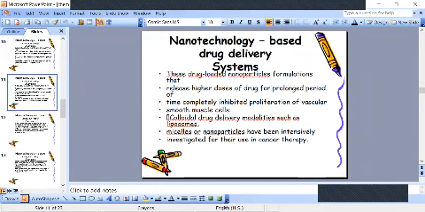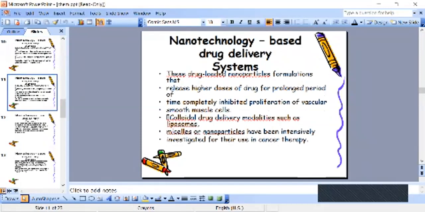These drug-loaded nanoparticle formulations that release high doses of drug for prolonged periods of time completely inhibit proliferation of vascular smooth muscle cells. Colloidal drug delivery modalities such as liposomes, stem cells, or nanoparticles have been intensively investigated for their use in cancer therapy.